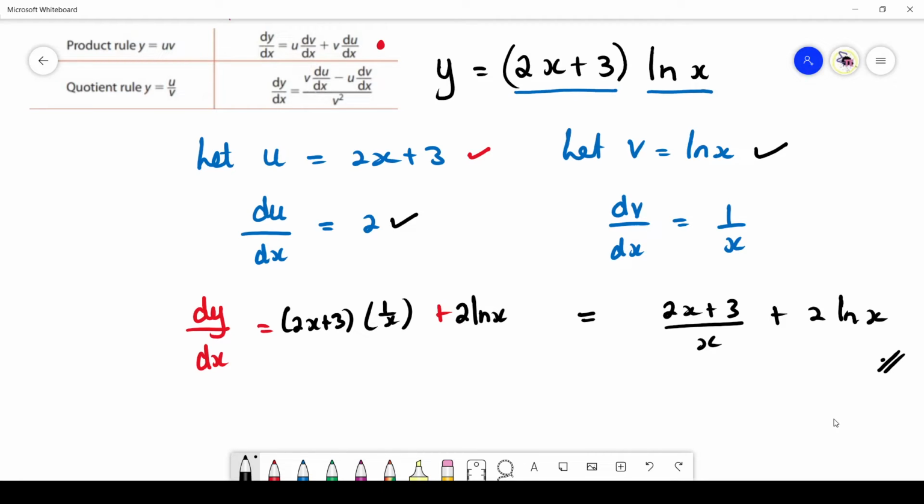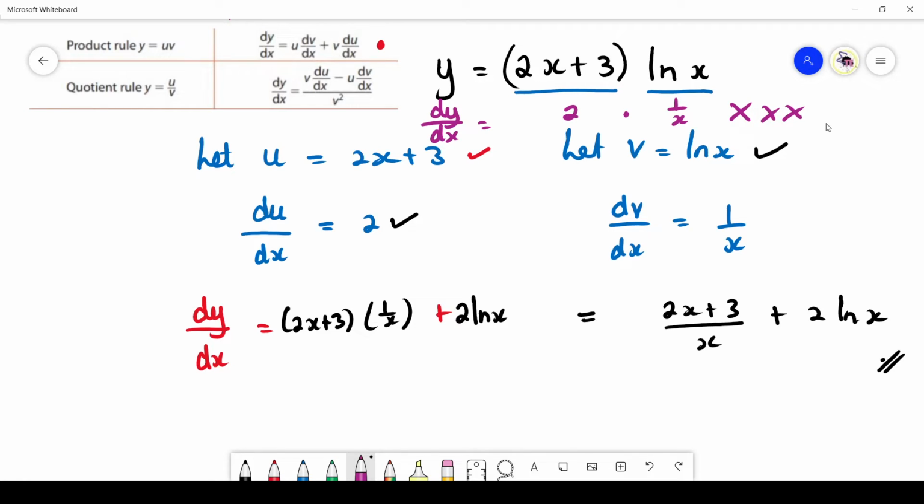Now, I would also like to say many times you would see students differentiate this question as follows. They differentiate the first bracket to get 2, and then they also differentiate the second bracket to get 1 on x, and then they multiply the products of those derivatives. This is completely incorrect.